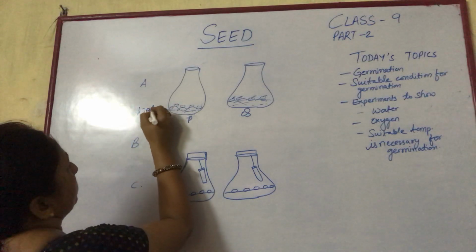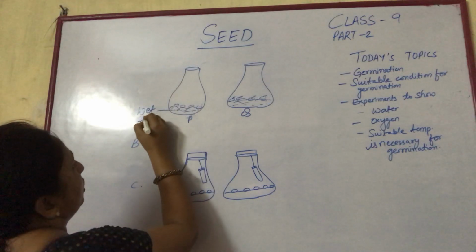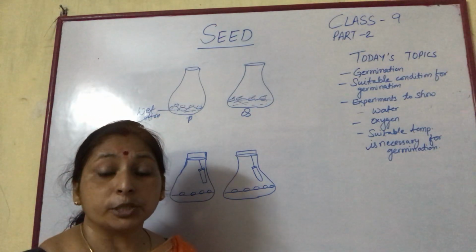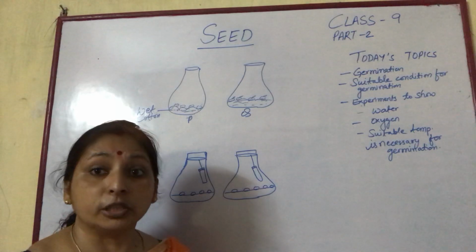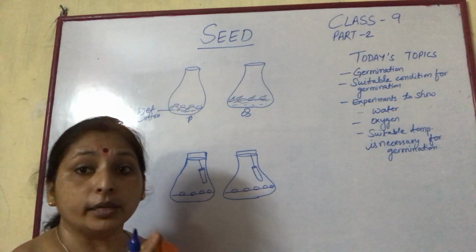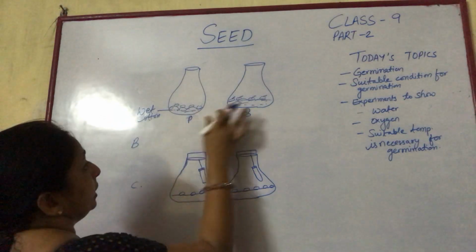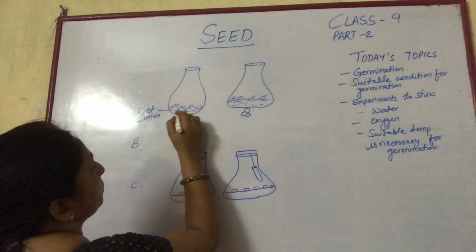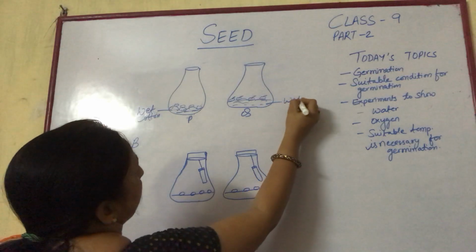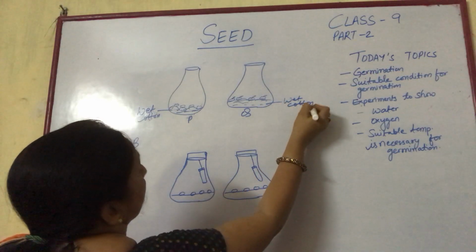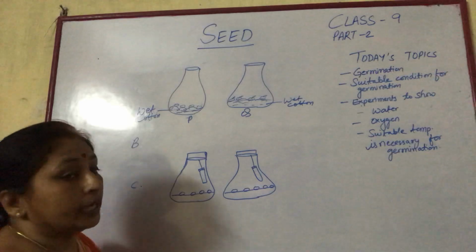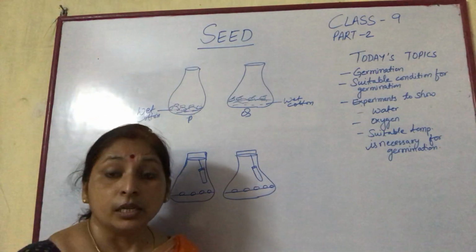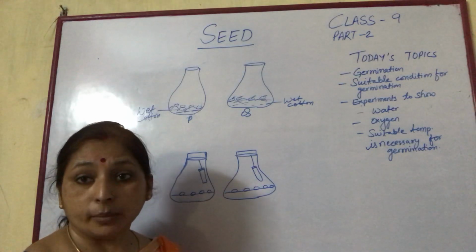Now the wet cotton for experiment number 2. The seeds are taken, since we know that the germination process takes place on wet cotton. So we have taken 2 conical flasks, P and Q, and in both cases wet cotton is taken, and one we have kept in the refrigerator and the other outside, which is at normal temperature.